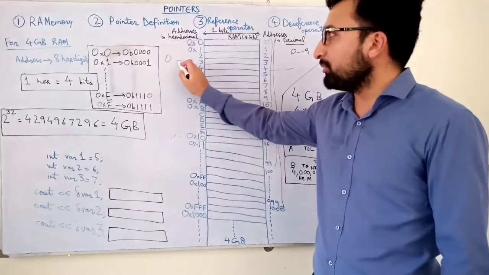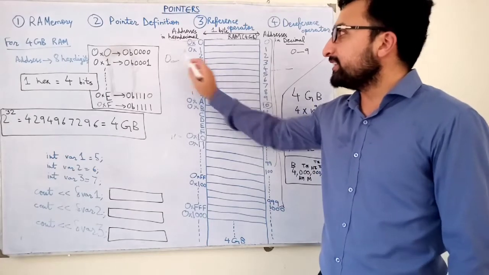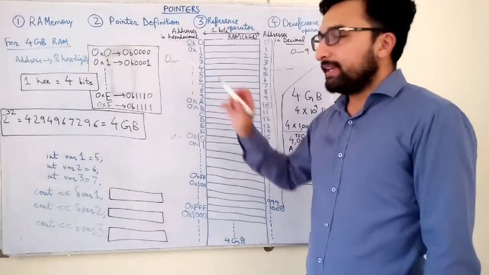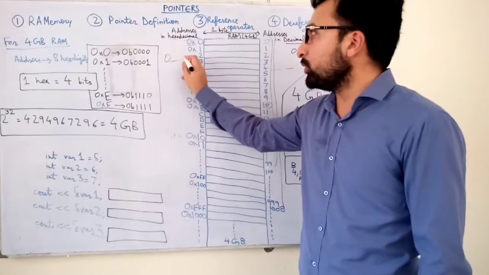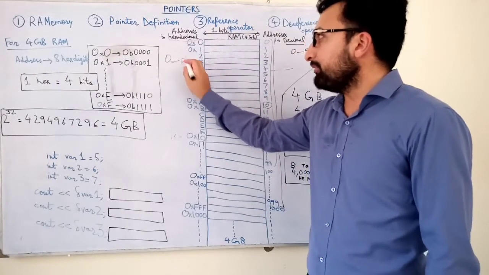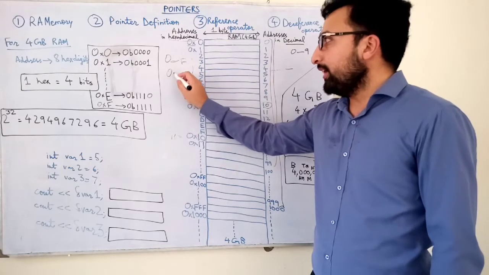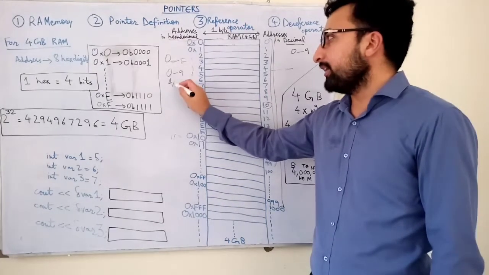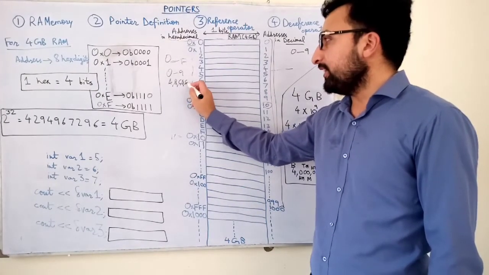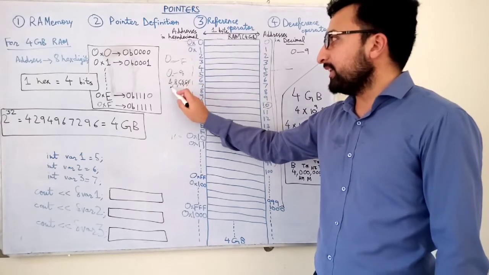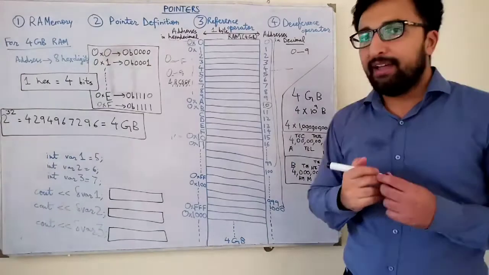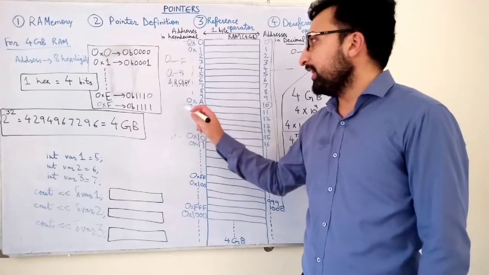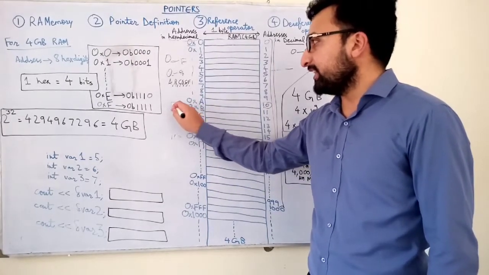Just like in the decimal number system, we had 10 possibilities from 0 to 9, here we have 16 different possibilities from 0 to F. They go from 0 to 9 first, and after 9 it is A, B, C, D, E and F. So 10 is A, then 11, 12, 13, 14, 15. So these are the possible hexadecimal digits that can be written with a single hexadecimal digit.